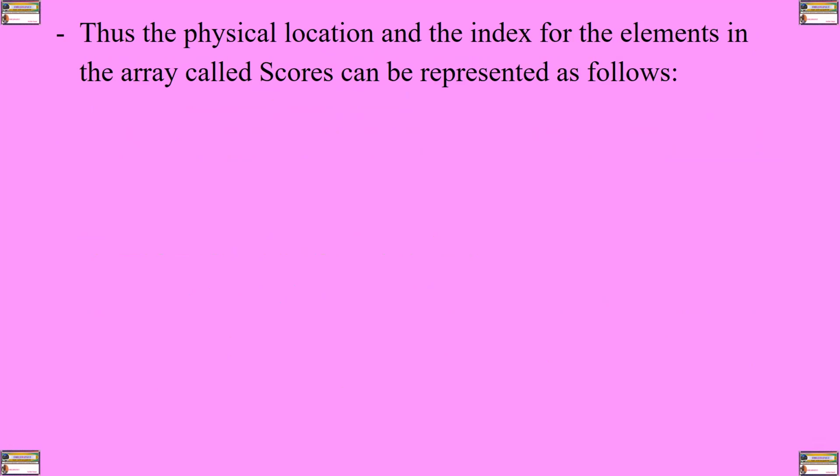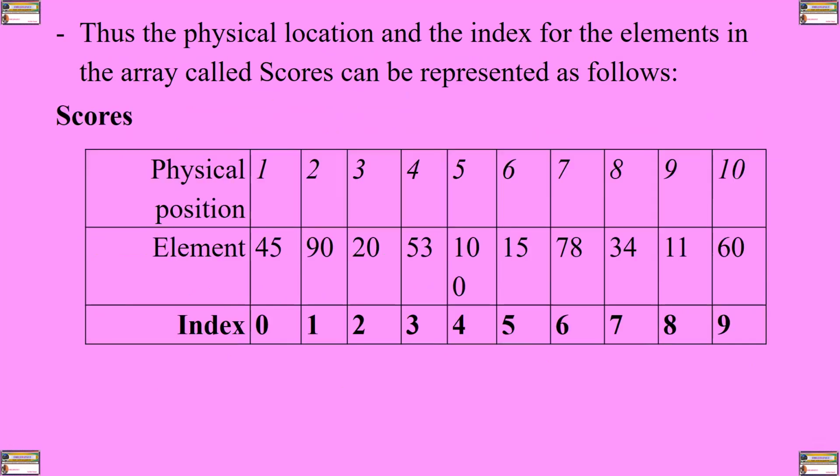Therefore, the physical location and the index for the elements in the array called scores can be represented as follows. So we have the physical positions 1, 2, 3, 4, 5, up to the 10th position, where we have 45 as number 1, 90 as second, 20 as third, 53 as the fourth, 100 as the fifth, 15 as the sixth, 78 as the seventh, 34 as the eighth, 11 as the ninth, and 60 as the 10th.